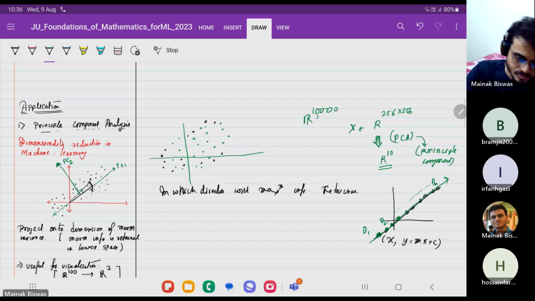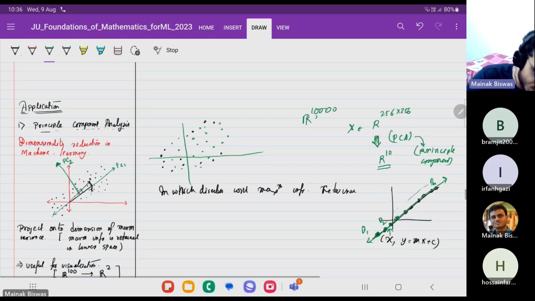Yes or no? All these points have x and y, but since they lie only in a one-dimensional subspace, which is a line, not in a higher dimensional subspace, what can you see from this figure?